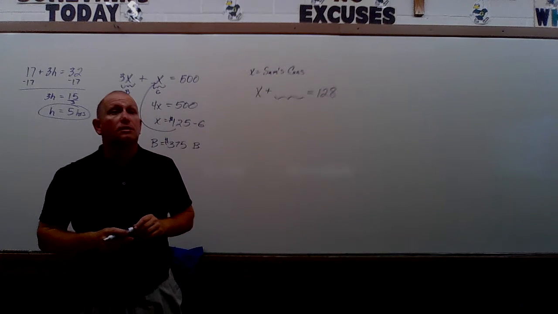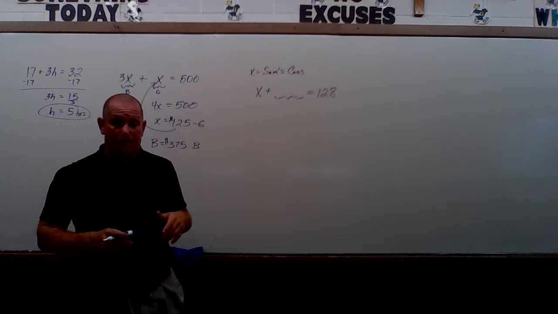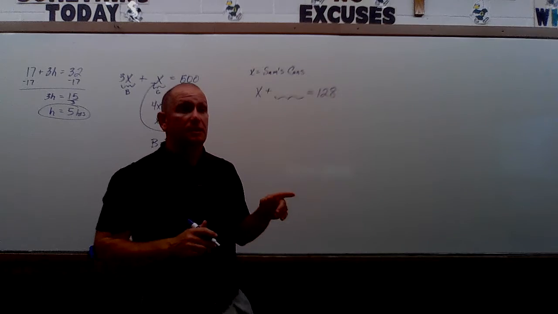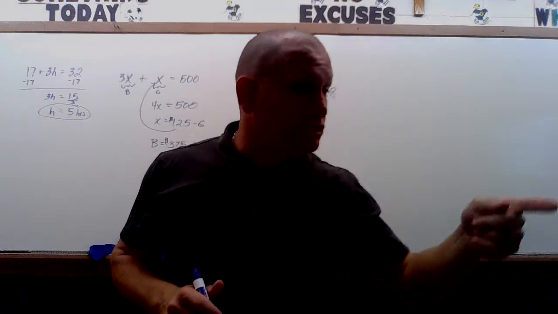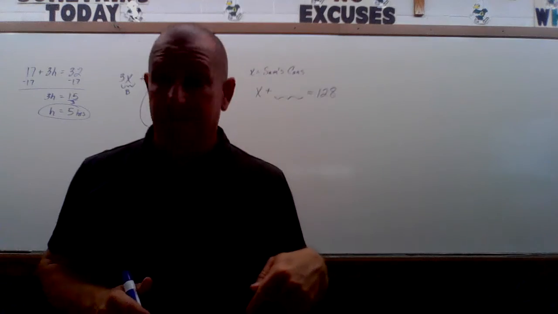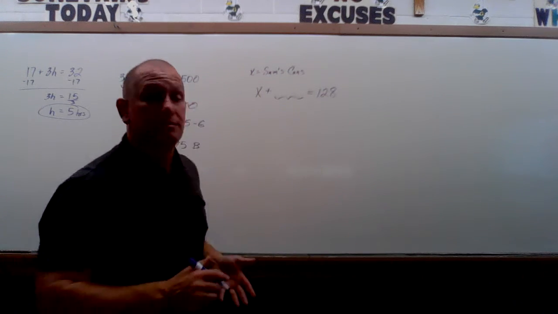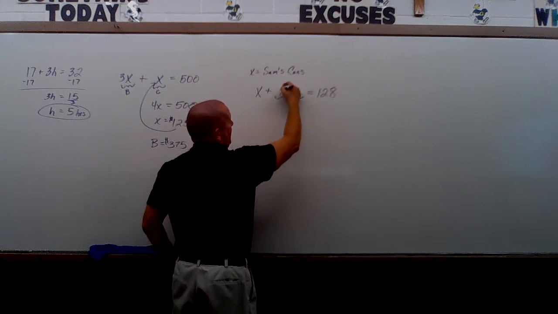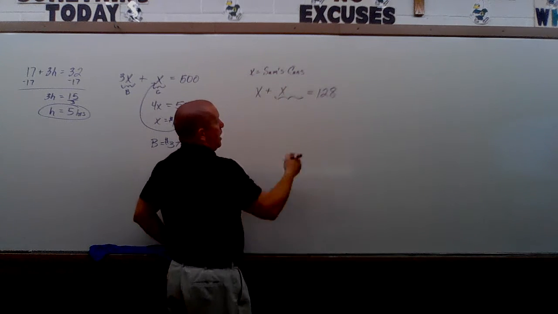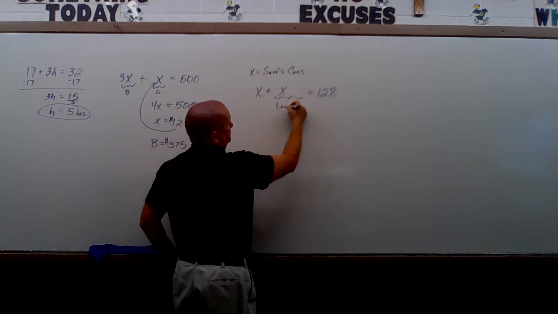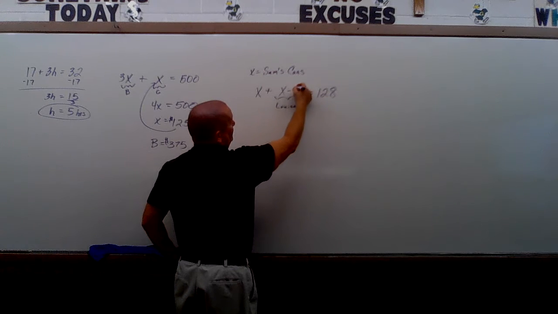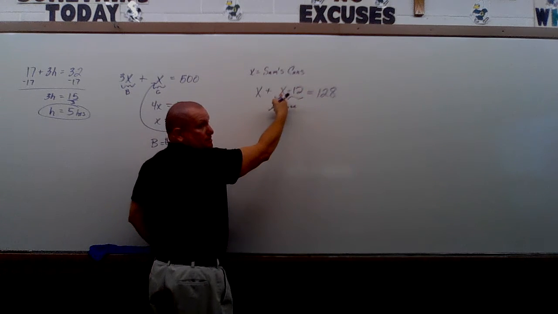Am I going to take 12 minus Louise's cans or 12 minus Sam's cans? Sam's cans. Everybody agree with that? How many does Sam have? He has X amount, right? And Louise has how many? 12 less than Sam's, right?